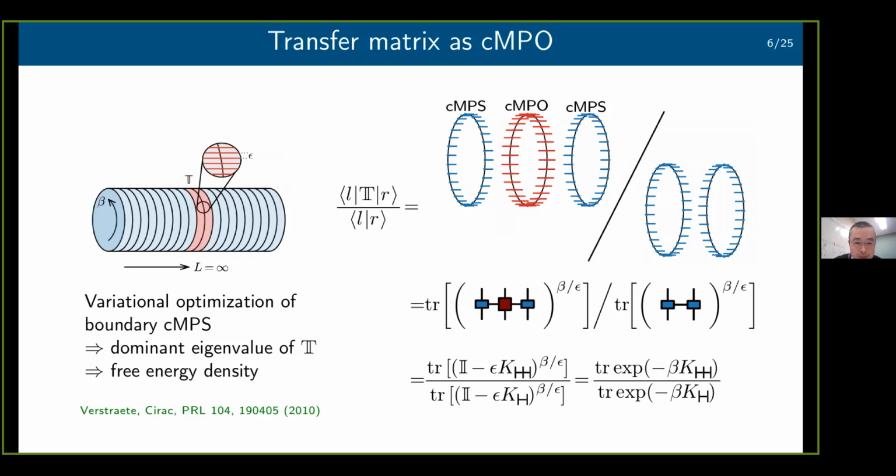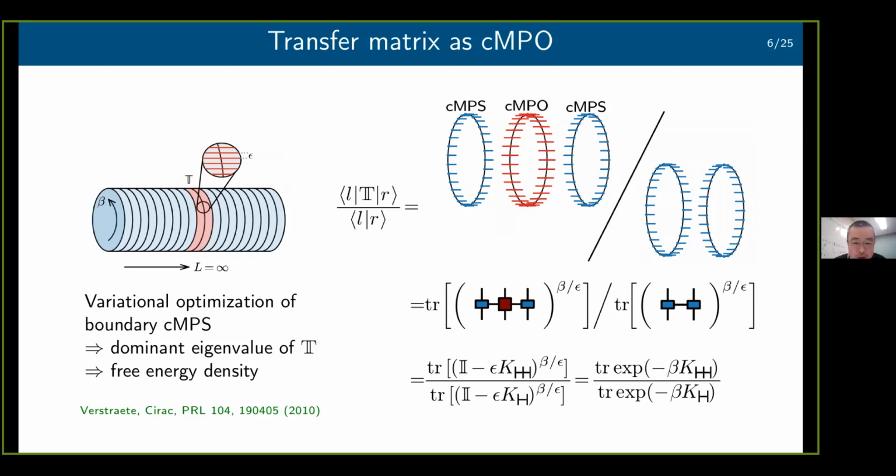So I have a similar question to Okubo-san. For the case of the total decomposed two-dimensional system, the transfer matrix is discretized in the imaginary direction.